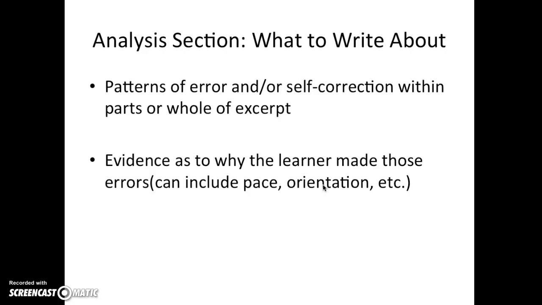That might have been a cause for that. Another thing might be orientation: the student's hesitancy to read out loud, their frustration with the text, etc. These things all might play in. But it also might be a specific cognitive concern, or a specific concern about the instructional difficulty of the text. I want you to point to not just what errors they're making, but also why they're making those errors.